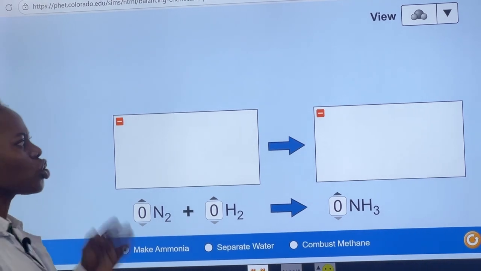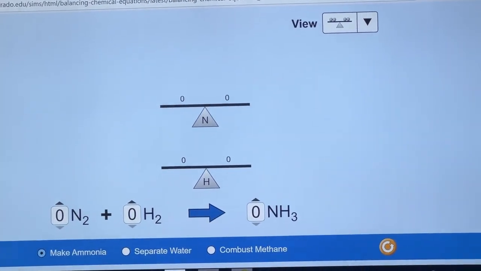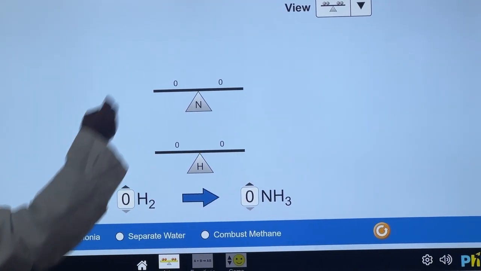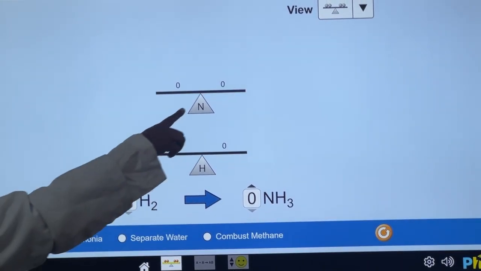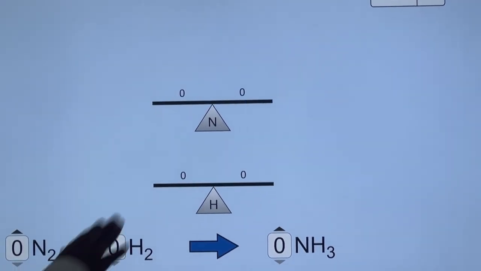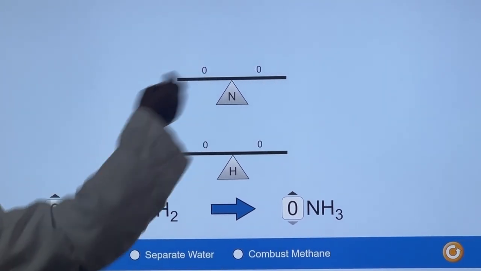And today we want to look at how do we know if our equation that we have is actually balanced. When you look at this balanced seesaw, you will notice on this end we have nitrogen, on this other end we have hydrogen, and at this point it's balanced because we don't have any values written on this yet.